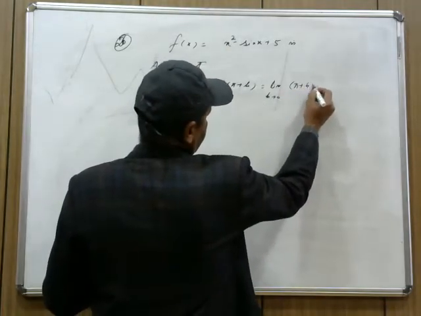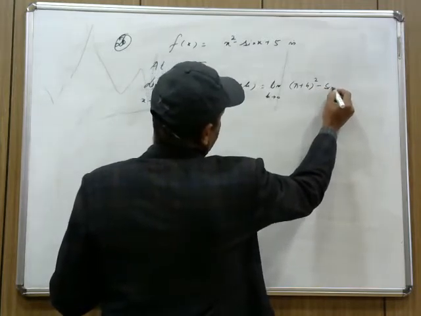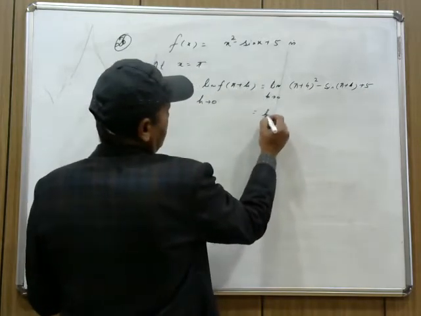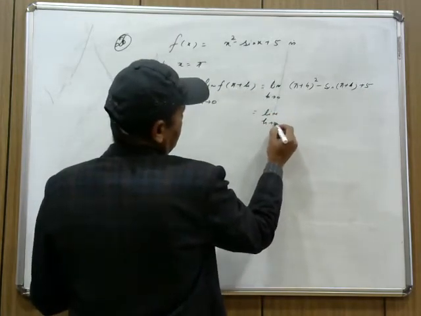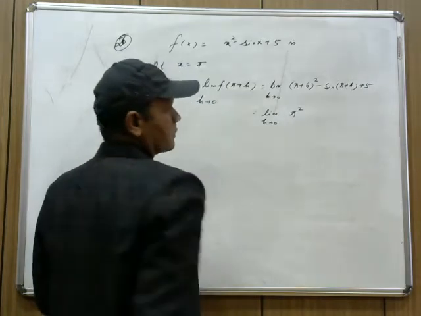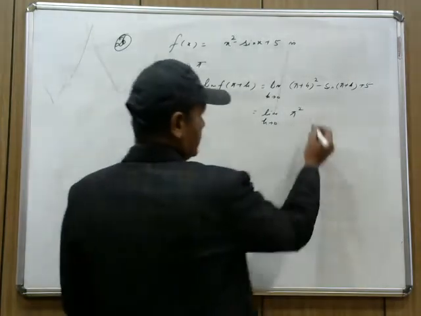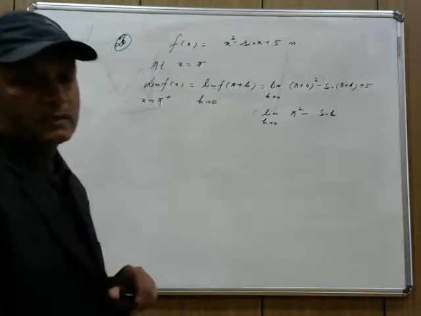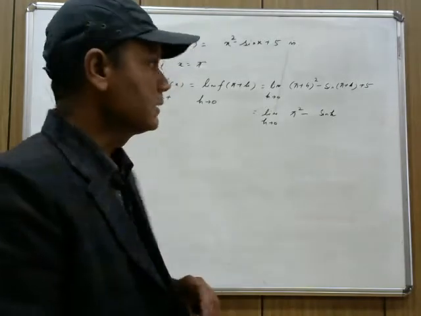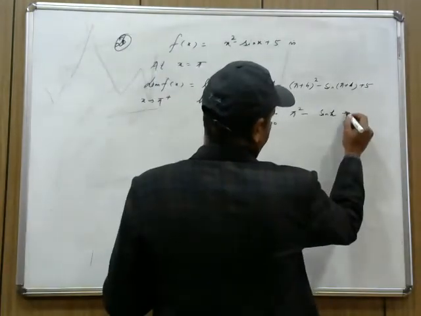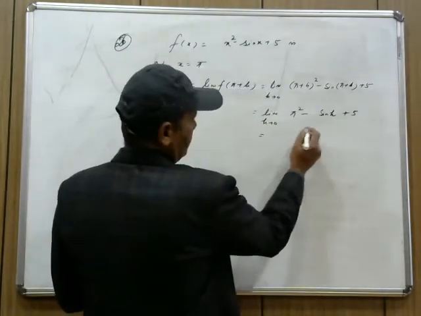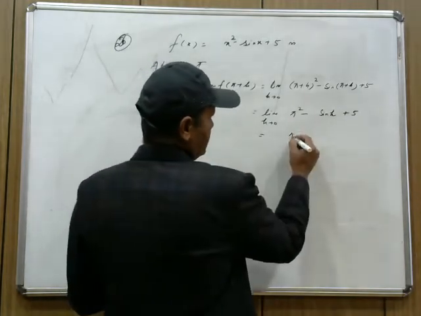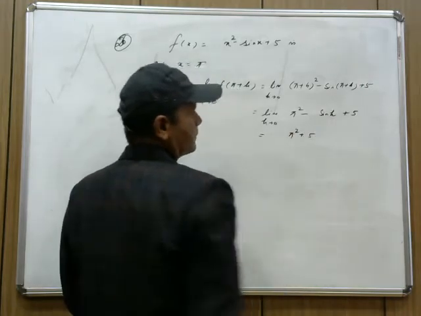Pi plus h whole square minus sine of pi plus h plus 5, that is equal to limit h tends to 0 of pi square minus sine of pi plus h plus 5. Sine of pi plus h will be what? Minus sine h, since sine of 180 plus theta is minus sine theta. So what am I getting, sine h, that means sine 0, and sine 0 is 0. That's why the answer is pi square plus 5.